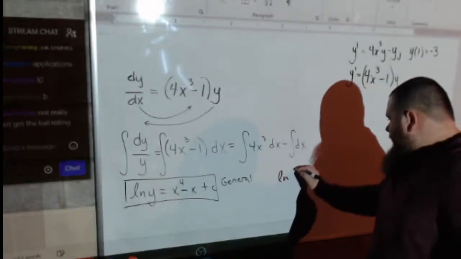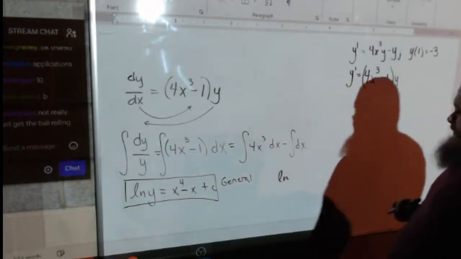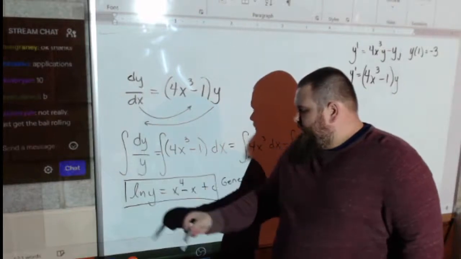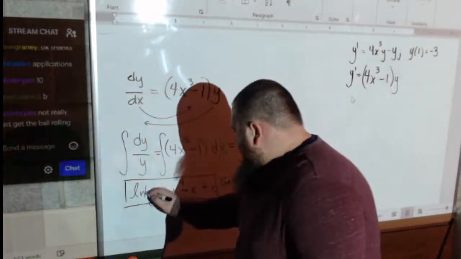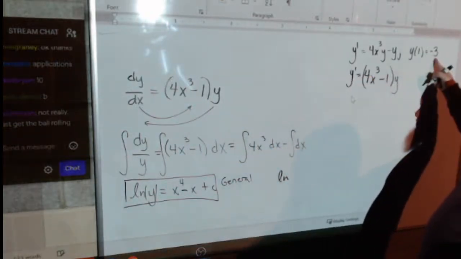So natural log. And here, this problem is actually really important. Remember that when you integrate this, you technically get absolute value here, which is very important for this particular problem because we're plugging in a -3.